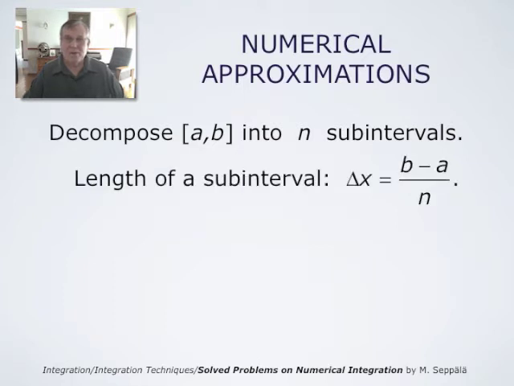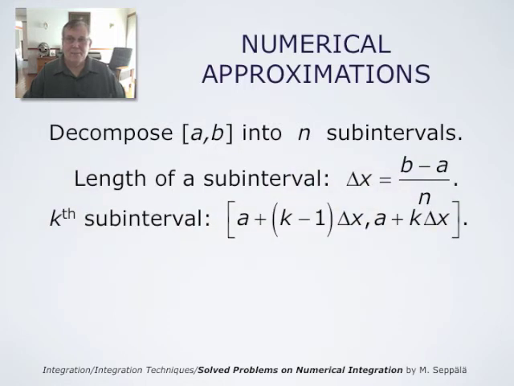The length of each subinterval is chosen to be always the same. So it is delta of x, which is b minus a divided by n, because we decomposed the interval from a to b into n subintervals. The kth subinterval has its endpoints at a plus k minus 1 times delta of x and at a plus k times delta of x.